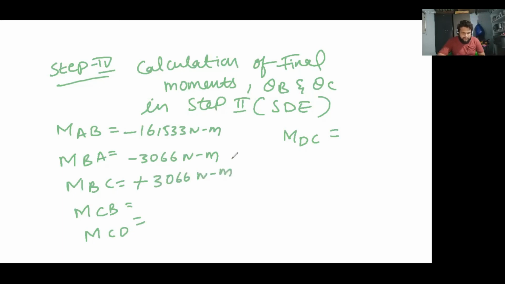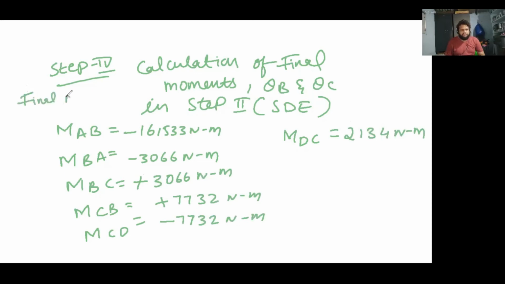What is your MCB? MCB plus MCD. Your MCB is plus 7,732 Newton meter, and your MDC value is 2,134 Newton meter. So this is how you will be getting the final moments.